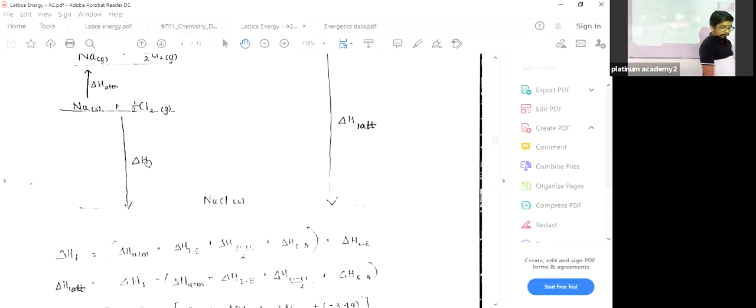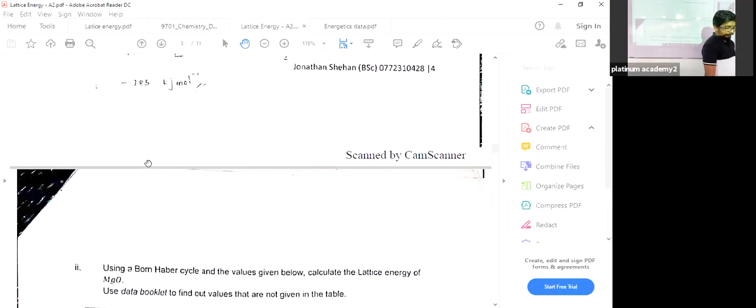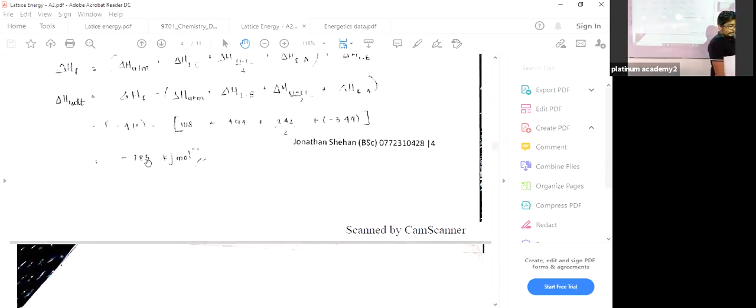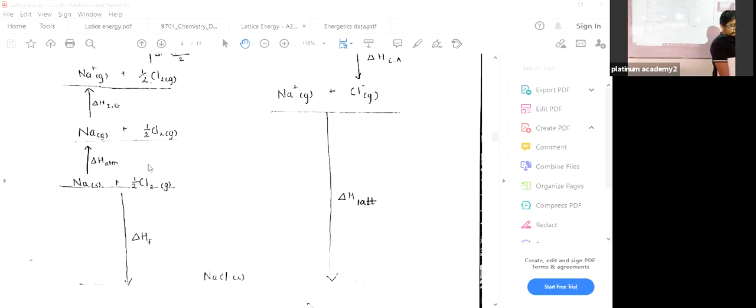Right. Shall we take the first one? First part is this, right? You put sodium, so the ionic solid is NaCl.